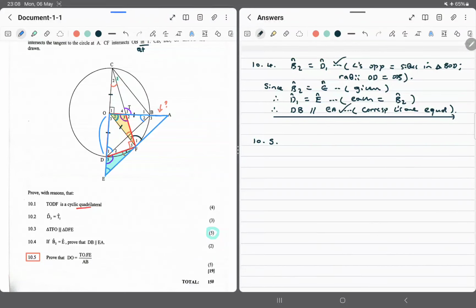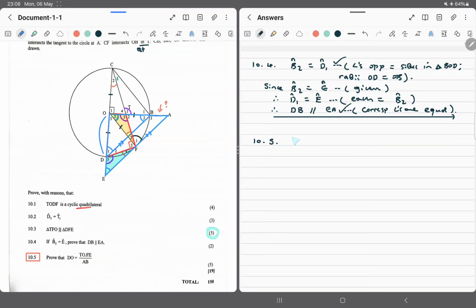Okay. So can you see, guys, this one? Look at that. That blue triangle, it satisfies similar triangles, or proportionality theorem, because those two are one and the same thing. Okay, let us try to use those similar triangles to get DO as part of the game here.